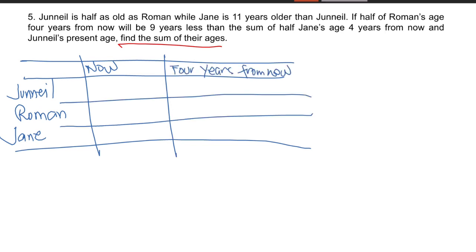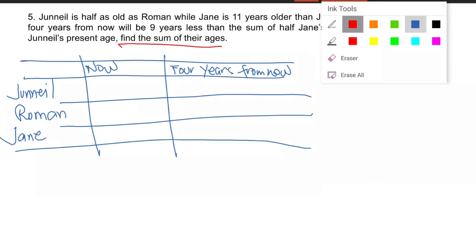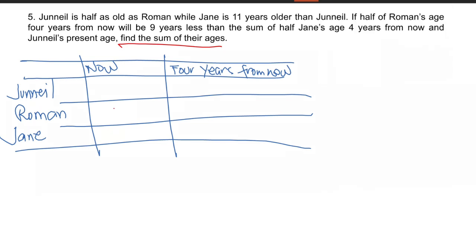What we're going to do is to supply the necessary information to our table from our problem. In the first sentence, Janelle is half as old as Roman, while Jane is 11 years older than Janelle. So we may use Roman as x, and Janelle is half of x, or x over 2.